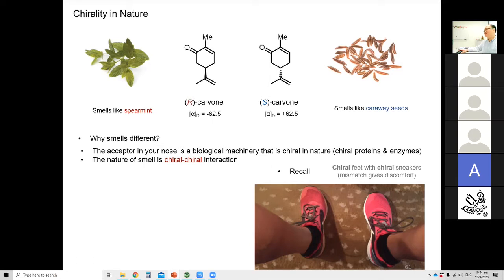So that's the magic thing about the human body or the biological system: not only are they chiral, but everybody's recognition power is actually different, because you have different DNA and thus a different biological machinery. So if you have a chance to have R carvone and S carvone, try to smell them. It's refreshing. Both of them are pretty refreshing.